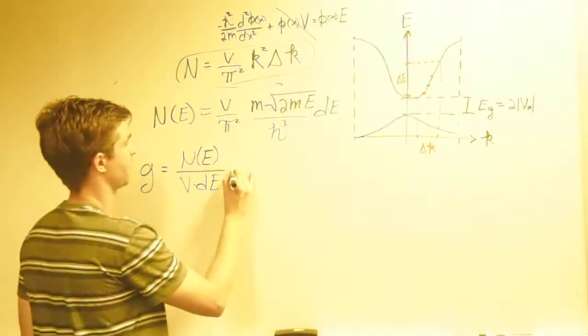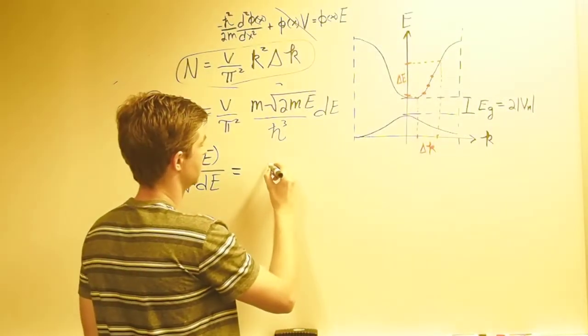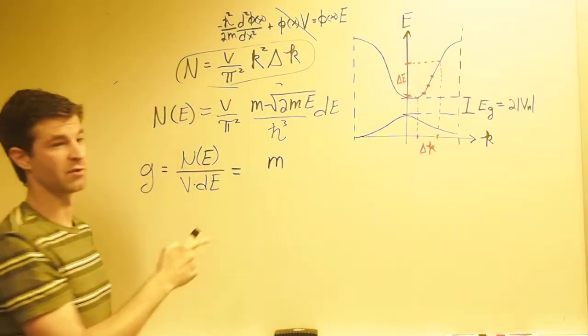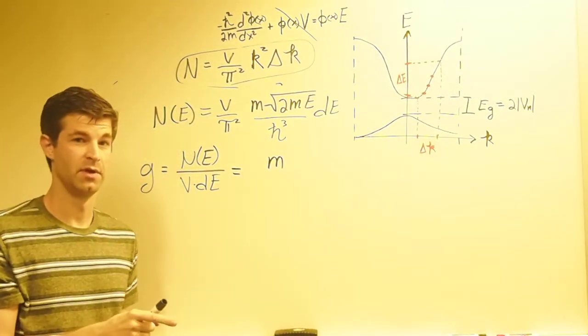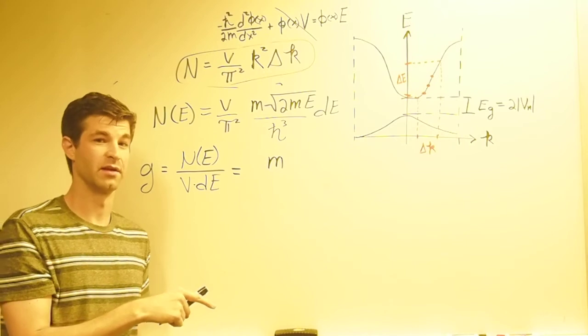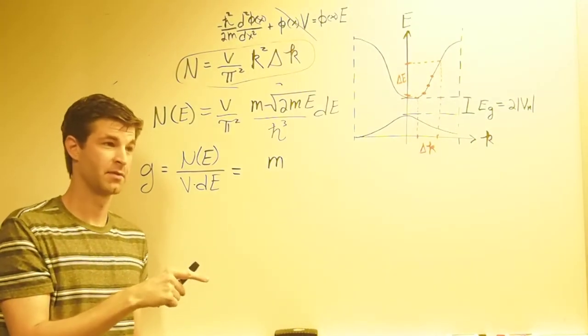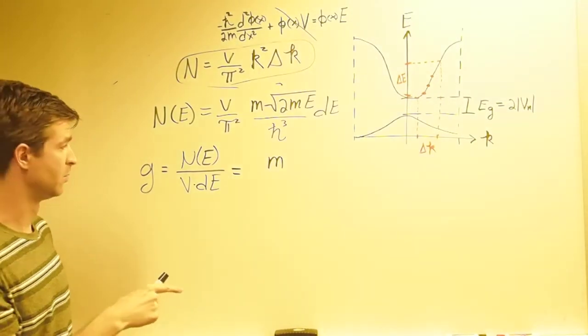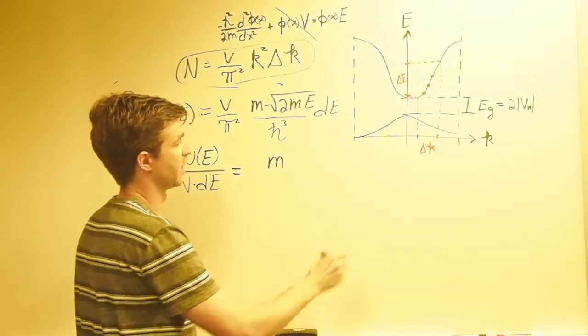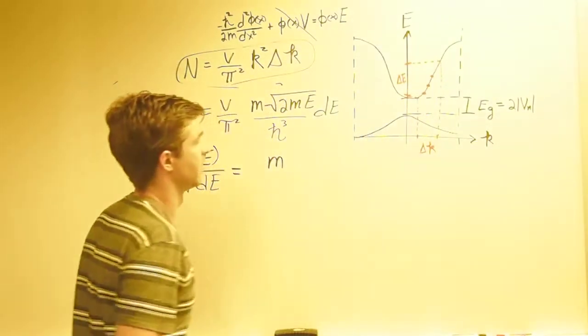Well, that just becomes this, and we're going to rewrite m as m star, because in the semiconductor crystal we have an effective mass, which can change depending on where you're at in this band right here.